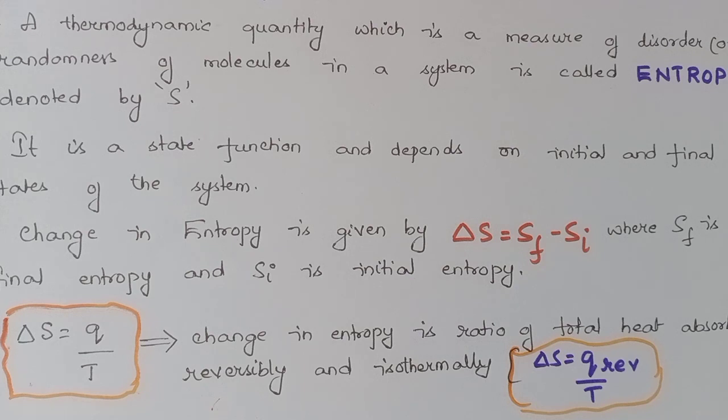Okay, students, clear? So I have given you the definition, its characteristic feature, and also the expression for change in entropy. We can write it as SF minus SI, and it's also given by the expression Q by T, where Q is the total amount of heat absorbed reversibly and isothermally. So from this we can write delta S is equal to Q reversible by T.